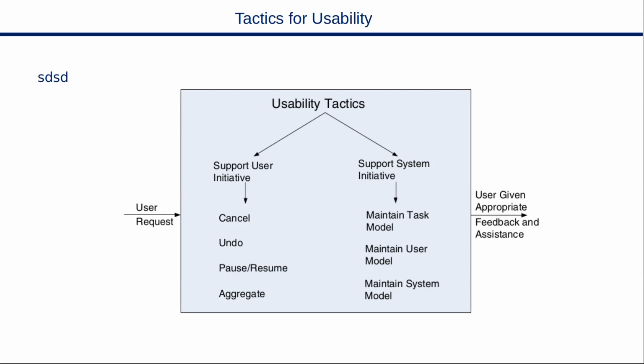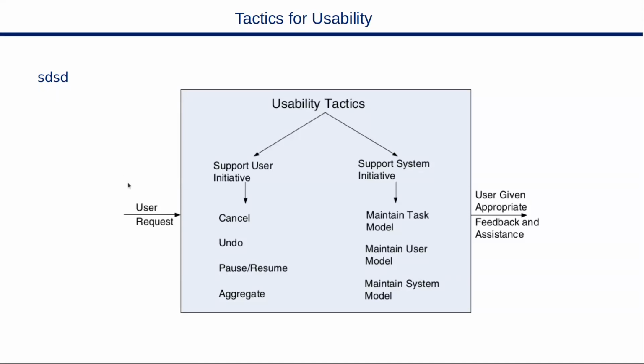For example, aggregate all the objects in a slide to change the size of the text. So you have to give them the ability to make these changes in one single action. I want to change the size of the text. I don't need to change it one by one. I have to aggregate all of them and then make this change.